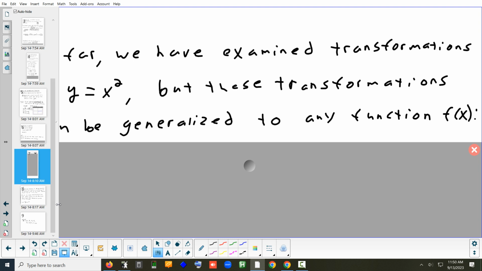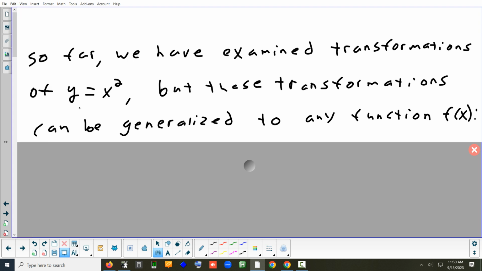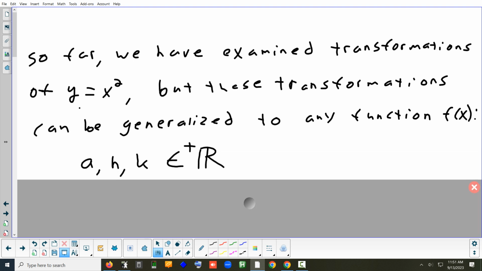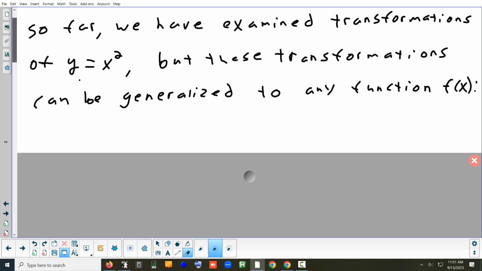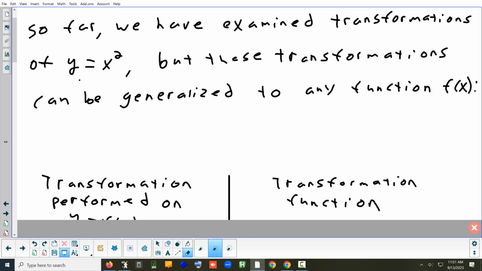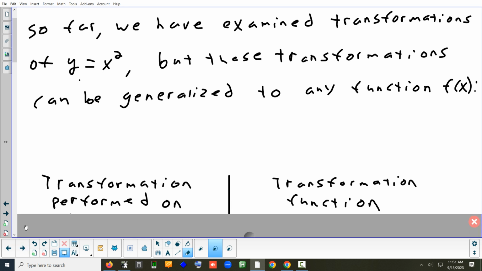So I think we're just about there. So we looked at transformations as they applied to quadratics, but I told you those transformations apply to anything. It doesn't matter if you use a quadratic, square root, anything. So I'm going to make a chart of transformations, and it's going to generalize what we learned yesterday to any function that we've studied all year.